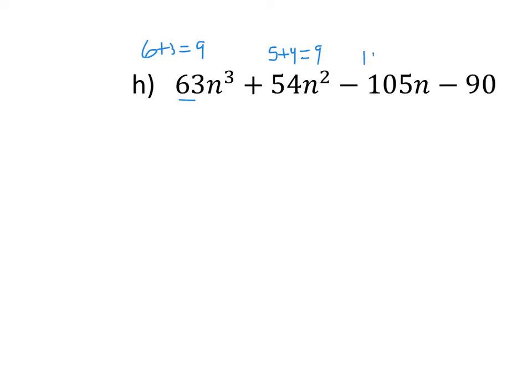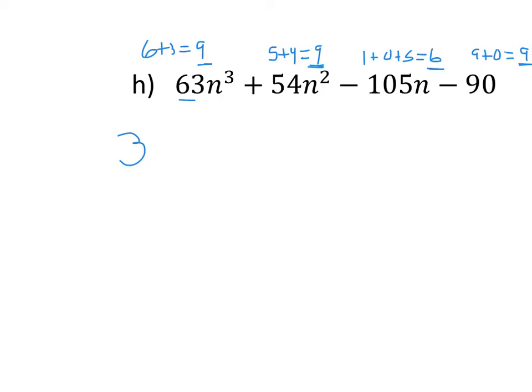If I add 1 plus 0 plus 5, I get 6. And if I add 9 plus 0, I get 9. If you look at these results, it looks like I have three 9s and a 6. They are each divisible by 3. So that tells me right there that I can pull out a 3. Just a little divisibility trick.